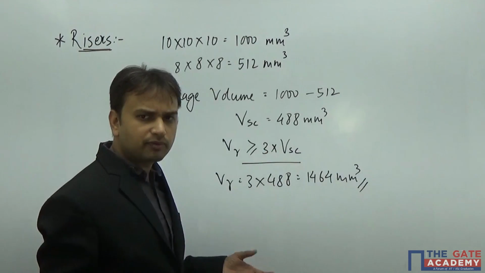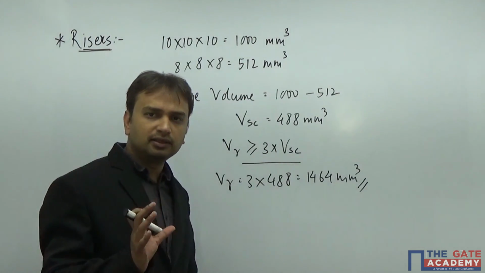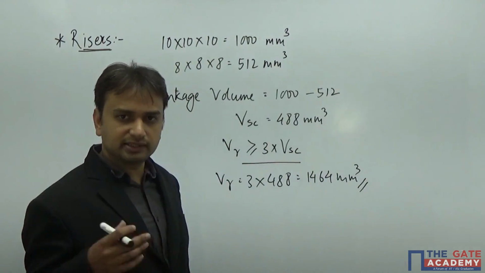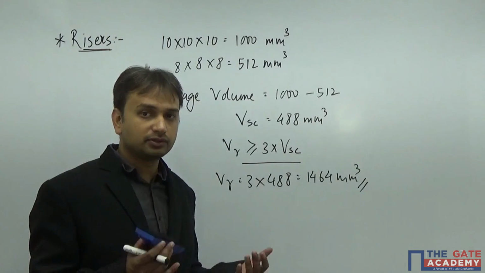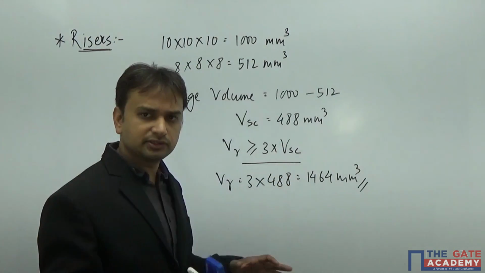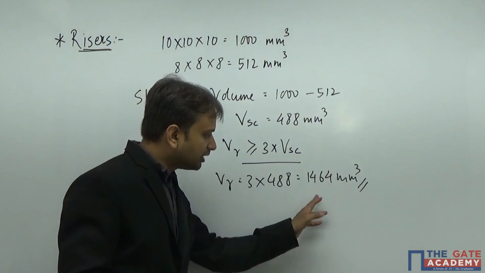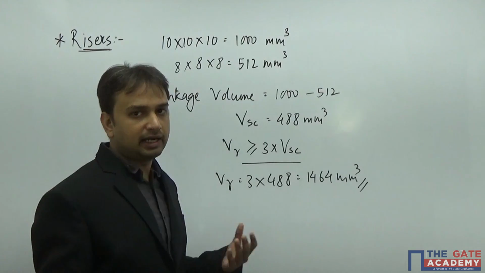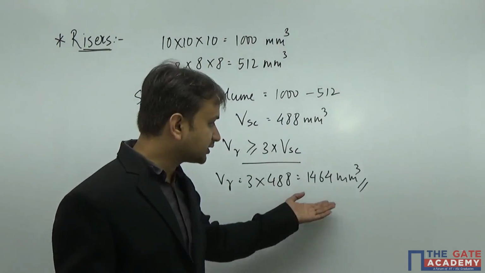Why are we providing thrice of the shrinkage volume? Because there are going to be certain solidification in the riser also. Riser is also not 100% efficient. It also has some losses. So whenever the losses are going to take place, this extra provision that we have got is going to be enough for that, right? And so we have got 1464 mm cube, and then we wanted to minimize the surface area for 1464 mm cube.